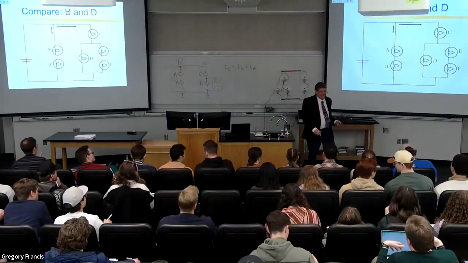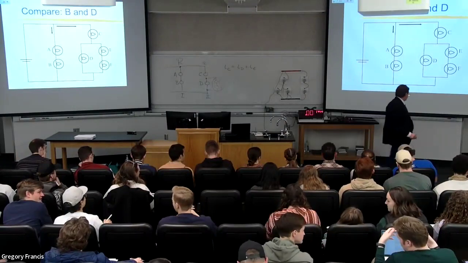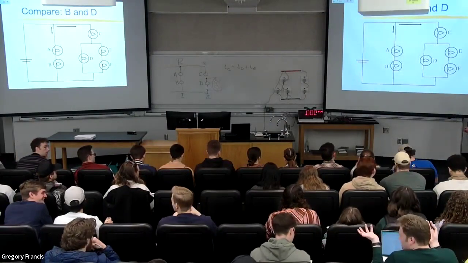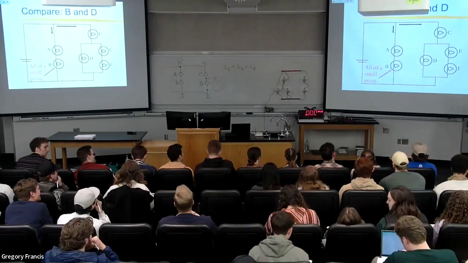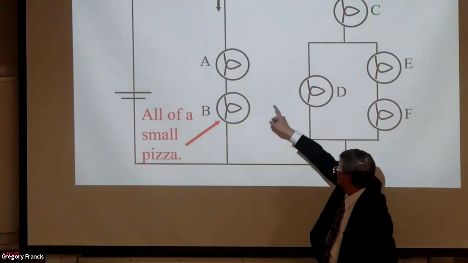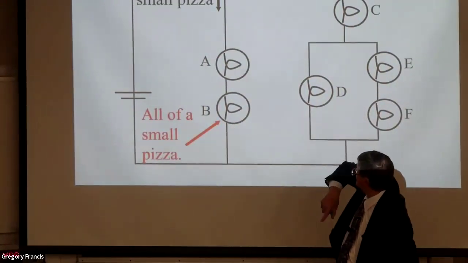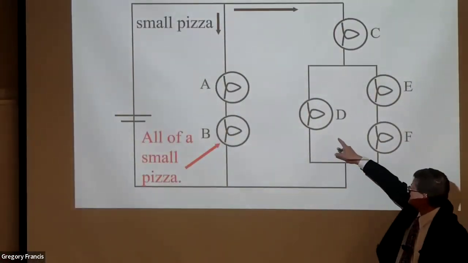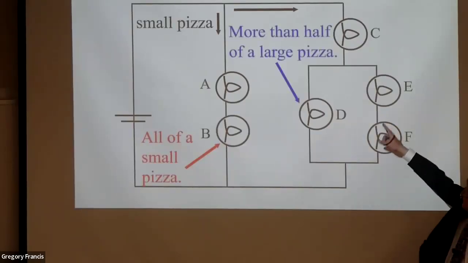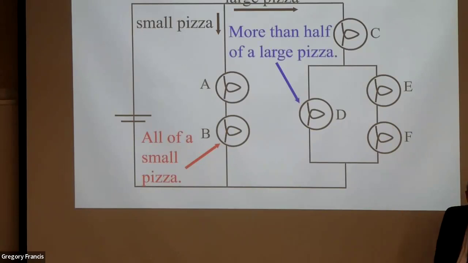Pizza. A little bright, early in the morning for pizza. But that's what we've got. We've got pizza, okay? It turns out that B gets all of a small pizza, and there's the small pizza right there. Whereas D is getting more than half of a large pizza, and there's the large pizza up there.